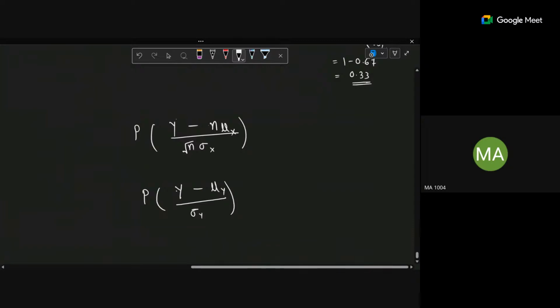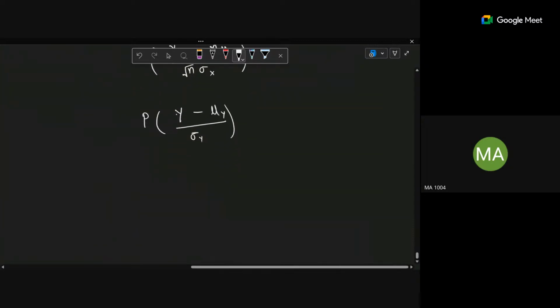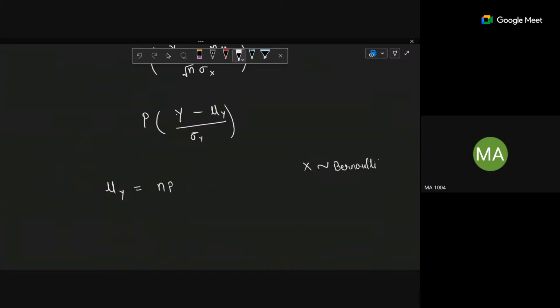Your mean of Y is n into p. X is a Bernoulli random variable with probability p, so what is the mean of X? p. So np is nothing but n times the mean of X.